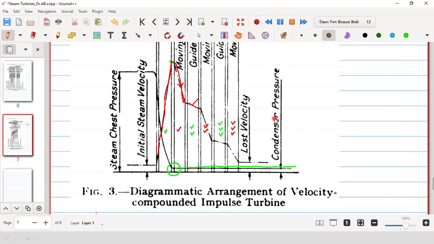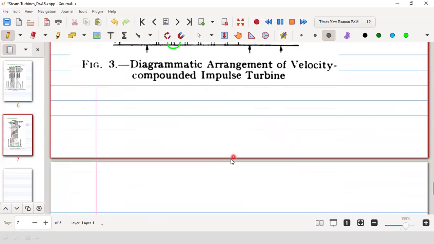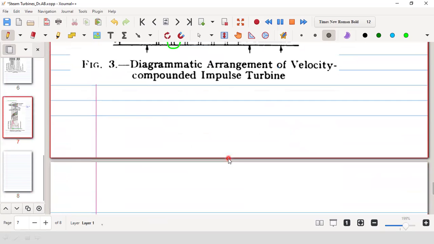Efficiency, of course, means you will utilize the energy efficiently. Efficient means loss will be less. Okay, is it clear?